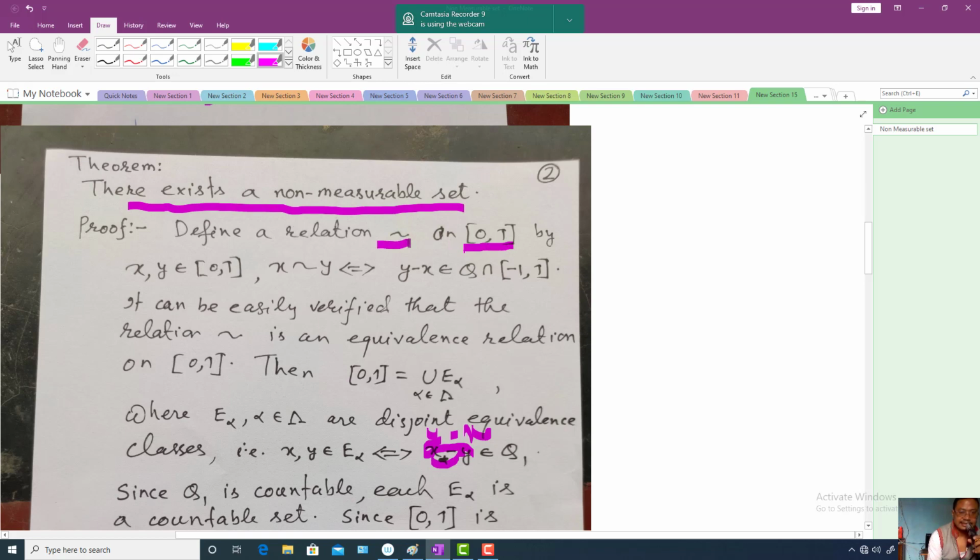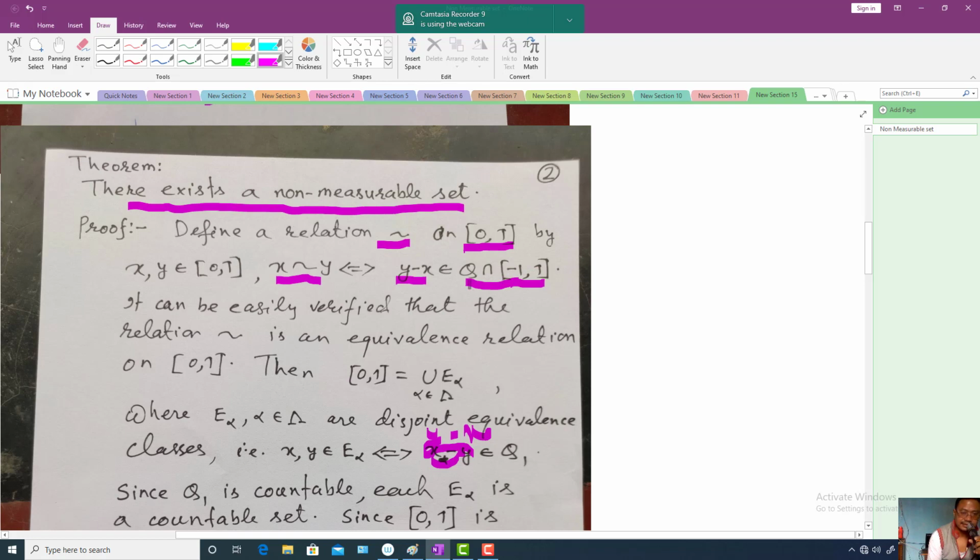Let us define a relation. For two members x, y in the closed interval 0, 1, we define x is related to y if and only if the difference y minus x is a rational number between -1 and 1.